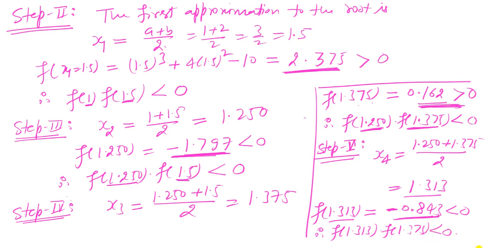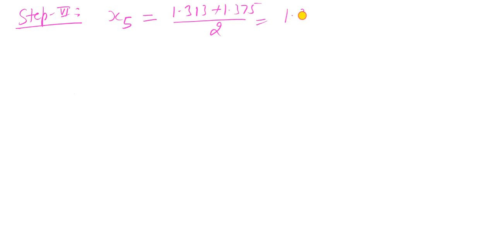Now go to step 6. In step 6, the fifth approximation to the root is denoted by x5, and x5 is equal to (1.313 plus 1.375) divided by 2, and this value is 1.344. Now compute the functional value and put this value in equation 1. So f(1.344) is equal to negative 0.347.